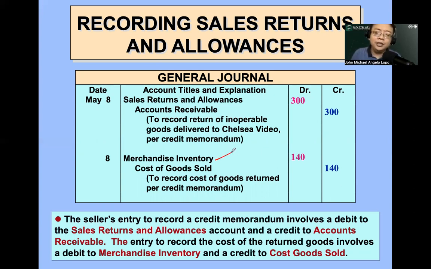That's why we debit merchandise inventory, and of course we also reduce cost of goods sold. This is our sale; our cost is only 140. So with this, we have 260, and 260 will be your gross profit.